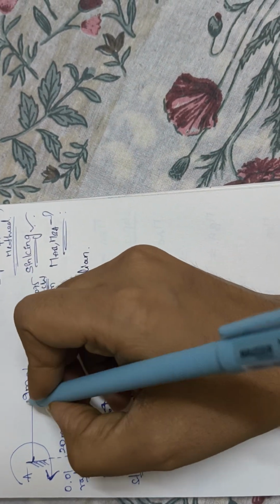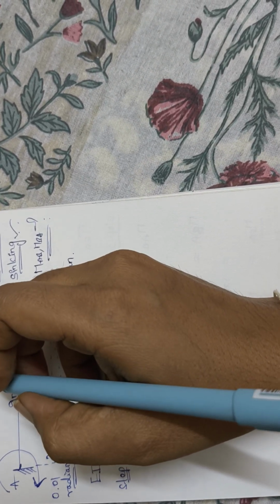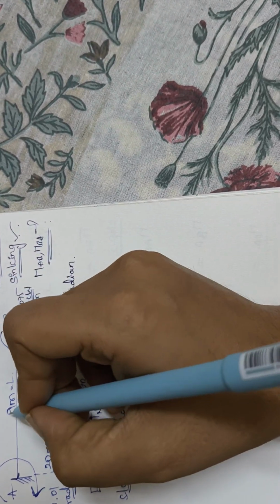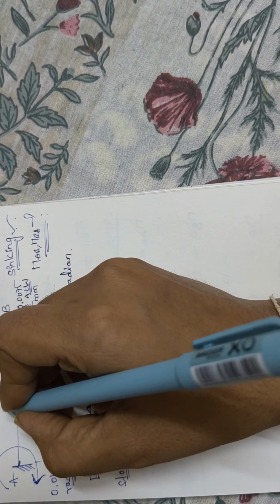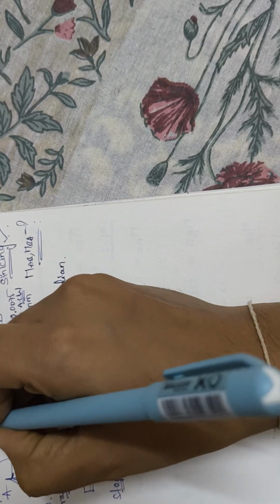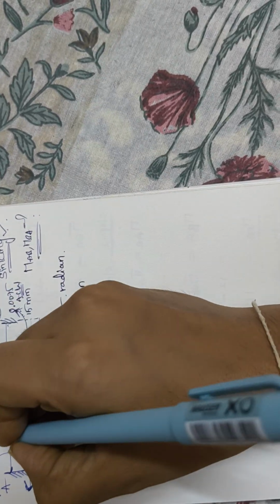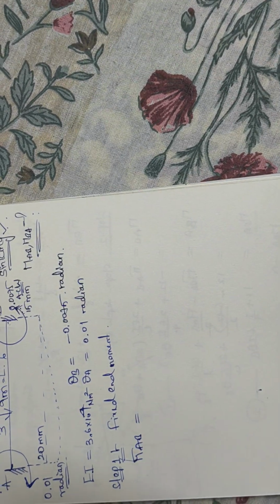No, but here he is giving a point load also, but I didn't mention it at the start of this problem. See here, 90 kilonewtons, at 3 meters and 6 meters.